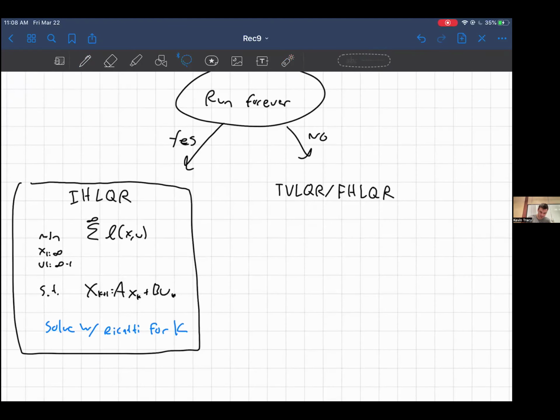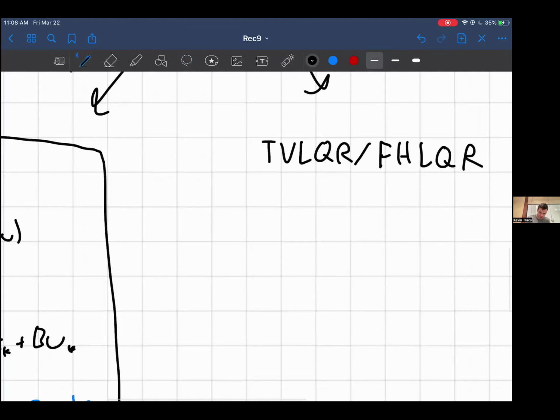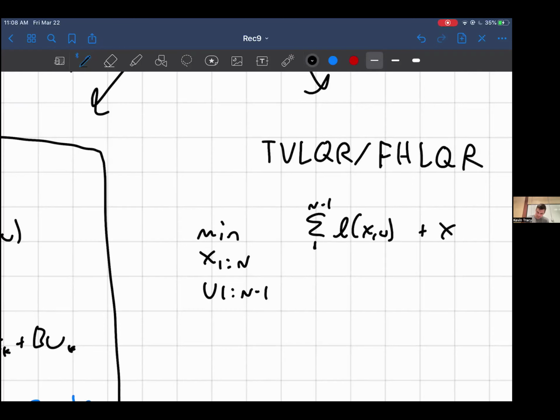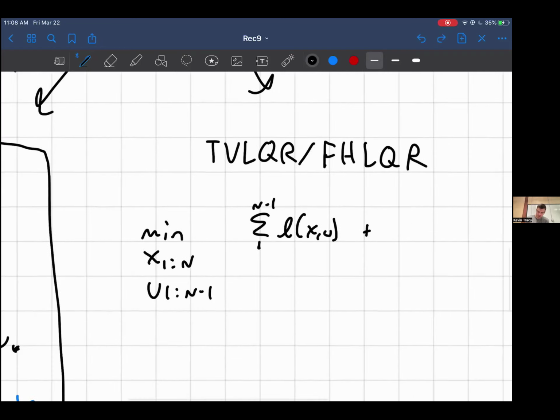So I'll just go ahead and take the same problem. I'm doing min, and this time I'm doing x 1 through n, and u 1 through n minus 1. And then my cost function is our normal sum from 1 to n minus 1 of the stage cost, plus our terminal cost.